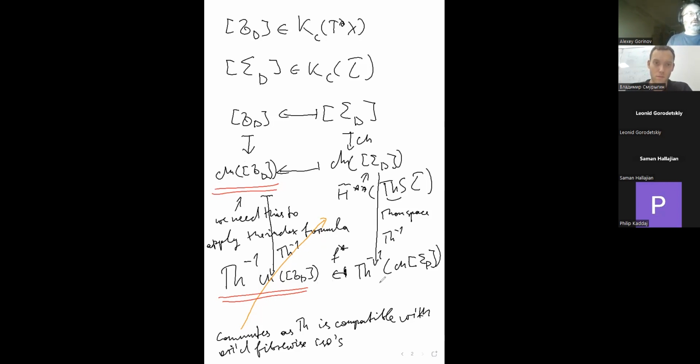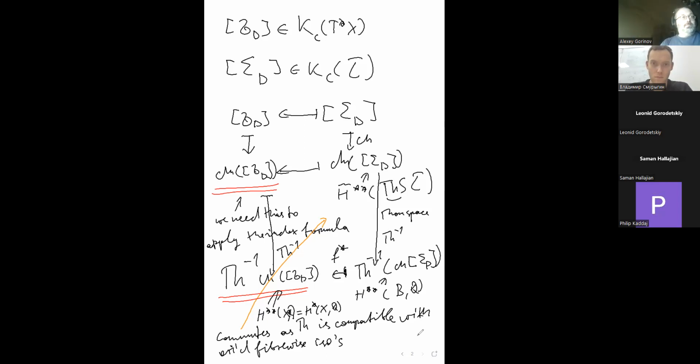The element in the bottom right corner lives in the cohomology of B, and this one lives in the cohomology of X, which is the same as just the cohomology, because X is a smooth manifold, so it's finite dimensional, and there is no need to write two stars, one suffices.